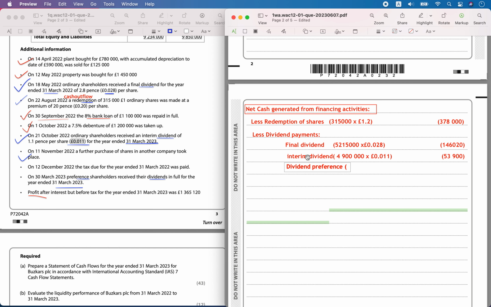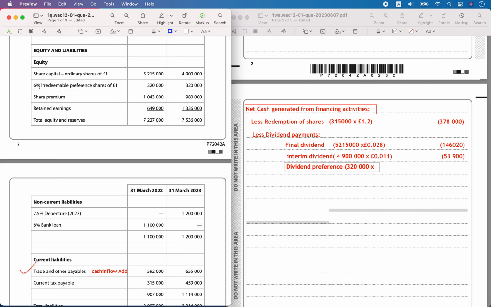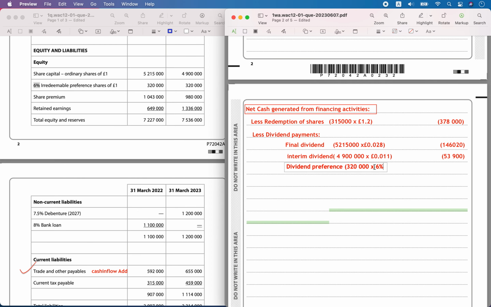I will just write here in short: the preference dividend is 320,000 times 0.06, so 19,200 was paid.